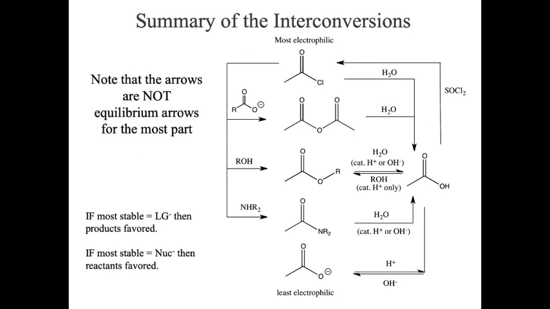Summary of interconversions. Here's our ranking: acid chloride at the top, then anhydrides, esters, amides, and then the carboxylate. This shows that ladder and how we can move through it. If we start at the acid chloride, we can go pretty much anywhere down.